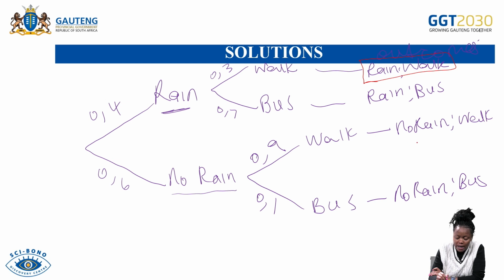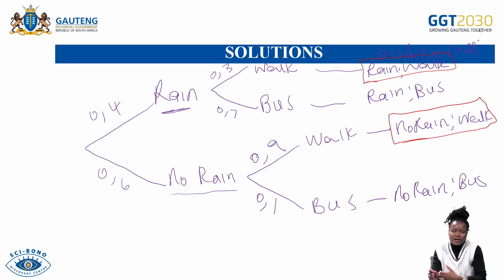If there is no rain, she walks. It doesn't matter if she walks when there is rain or no rain. The question is asking, what is the probability of Lindiwe walking to school tomorrow? So it doesn't matter if it's raining or not. Again, if there's no rain, she walks. And here, there is no rain and she takes a bus, so that one is out. The probabilities that we are looking for are this one and this one.